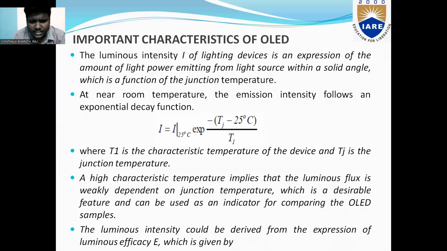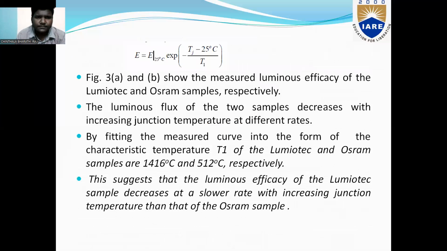The luminous intensity could be derived from the expression of luminance efficiency E, which is given by E equals E0 exp(minus (Tj minus 25 degrees Celsius) by T1). Next, we will see Figure 3a and 3b, which show the measured luminance efficiency of the Lumileds and Osram samples respectively.